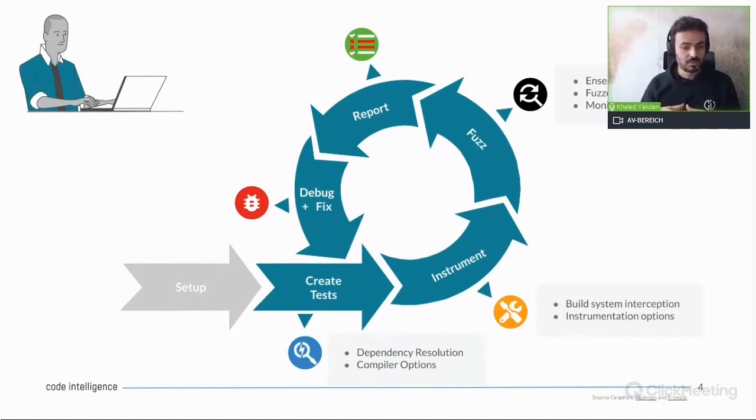For this, you need to create these tests, and this is also one of the main roadblocks for fuzzing adoption, because you need to know the exact dependencies for each module that you want to test, and the exact compiler options you need to compile this module. We also automated most of this process, and I will now show how creating a fuzz test looks in the platform.